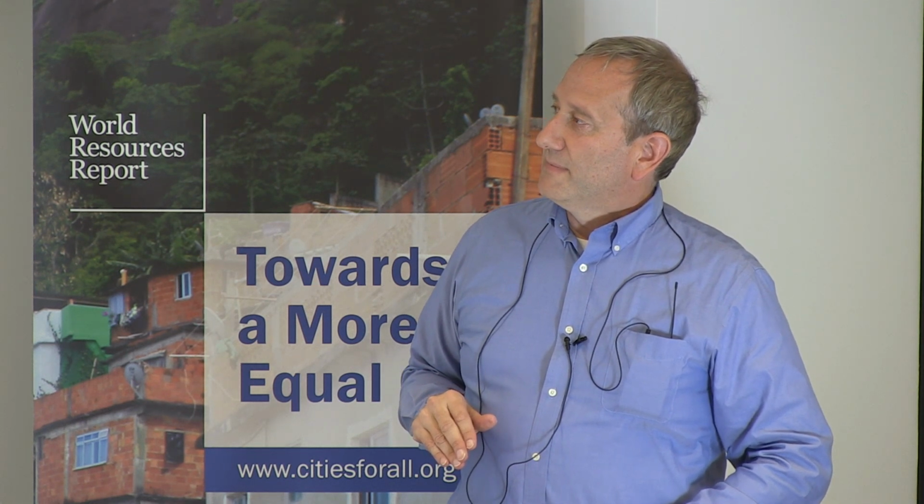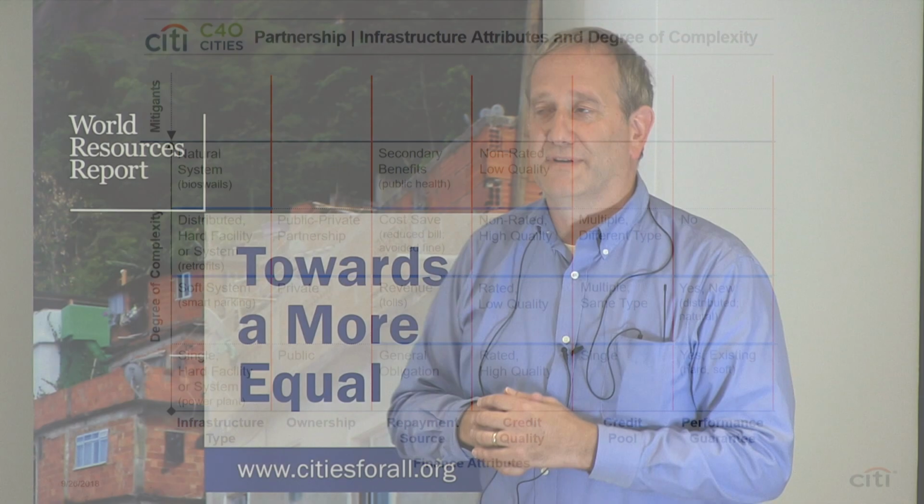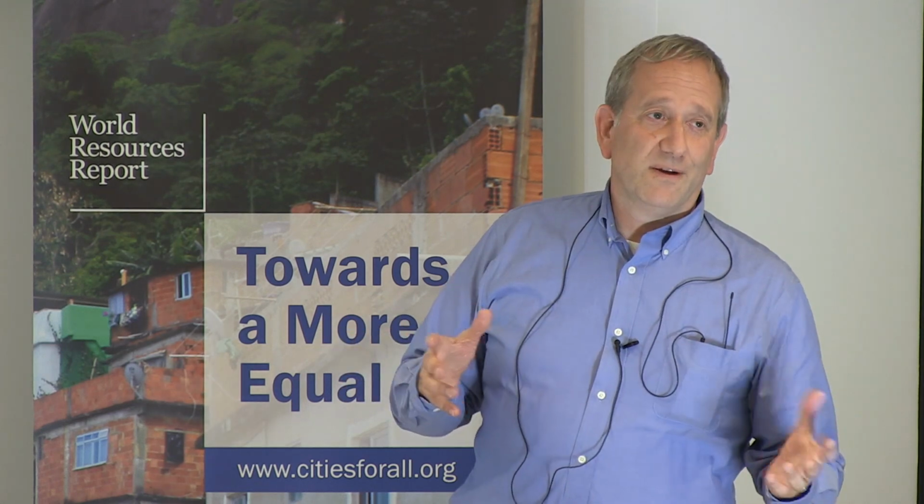And the other message from this chart would be, pick and choose. If you had a couple of projects and one crossed 6 bars, whereas another project only crossed 2, and you're trying to figure out which one has the most legs for getting financing, it's probably the one with lower complexity, at least out of the gate, right?